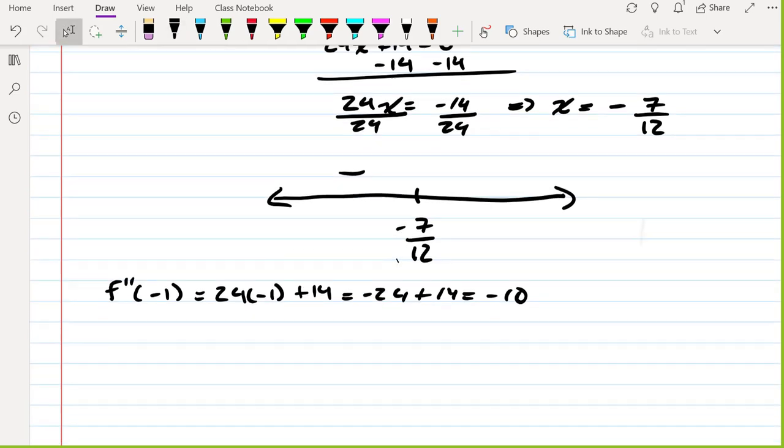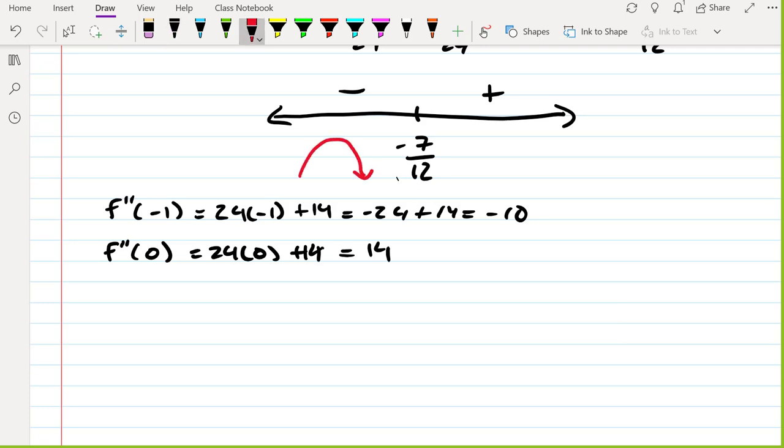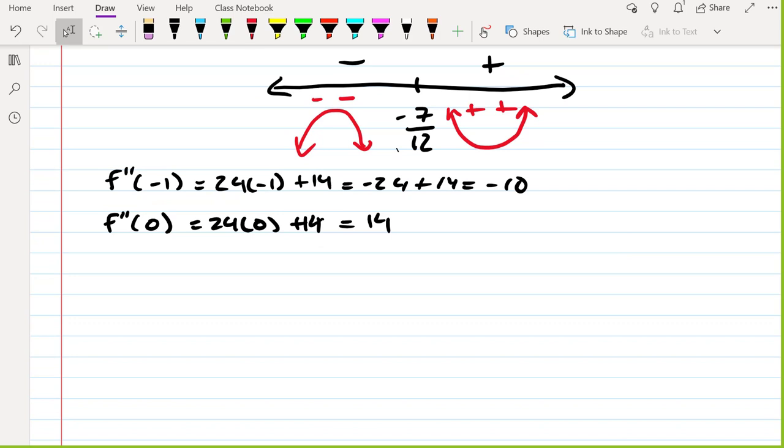If we check something bigger than negative 7/12, f double prime of 0 is easy because 0 times anything is 0, so we just get 14, which is positive. So our graph is concave down on this side, and since it's positive over here, our graph's going to be happy, concave up. And our inflection point is going to be at negative 7 over 12.